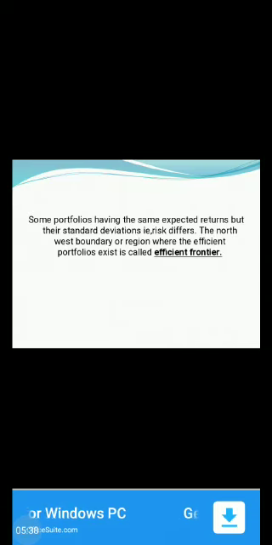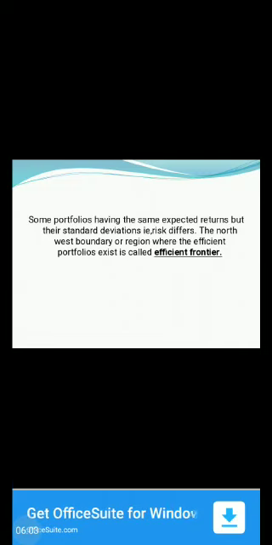The northwest boundary or region where the efficient portfolio exists is called the efficient frontier. That means the efficient frontier has the most optimal portfolios. On the downwards side, it is not the best. Thereby the investors will be choosing their investments.